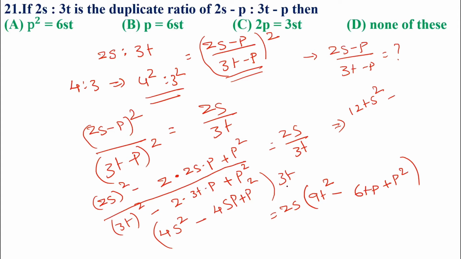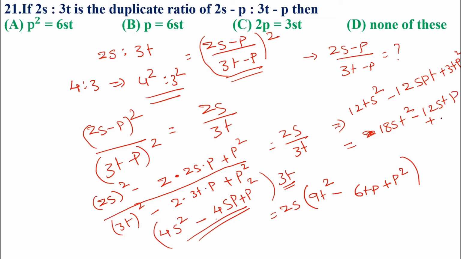Minus, I am multiplying 3T with each and every element. Then this will be 12SPT plus 3TP square. 2 into 9, 18ST square minus 12STP plus 2SP square.